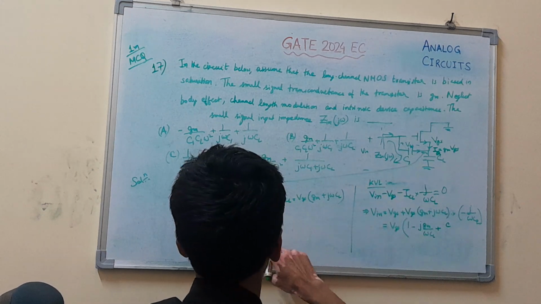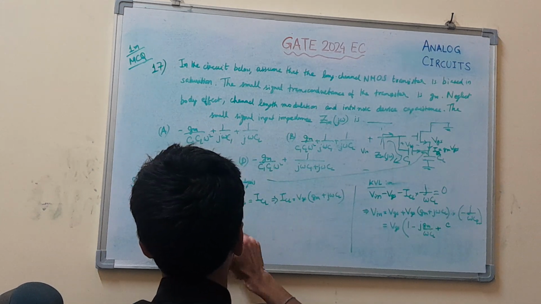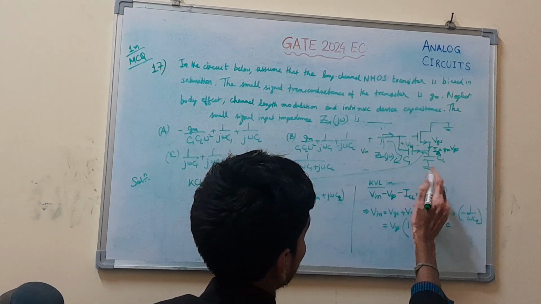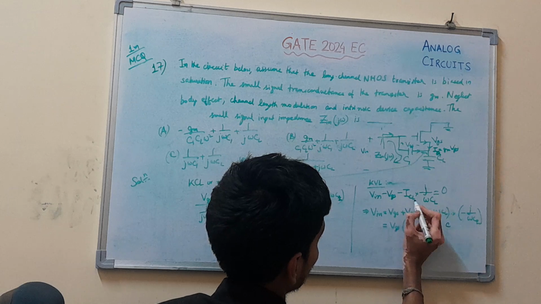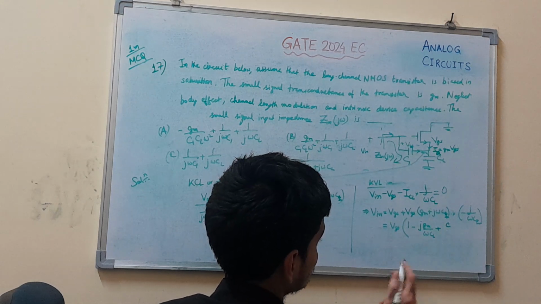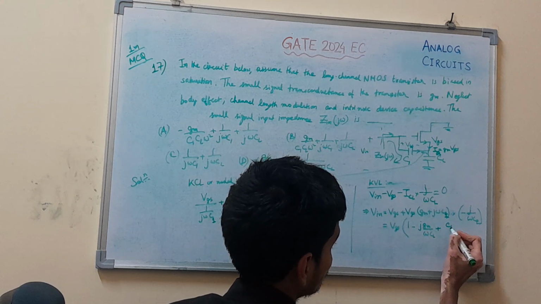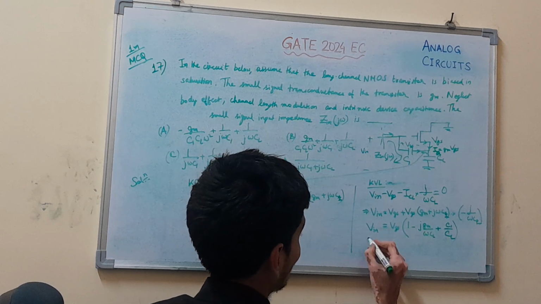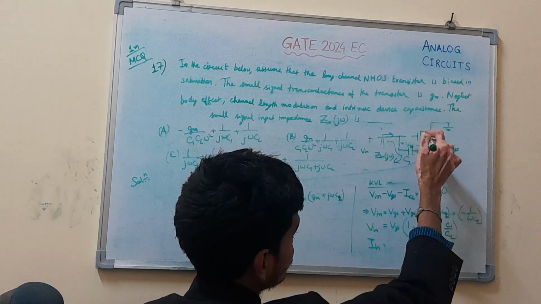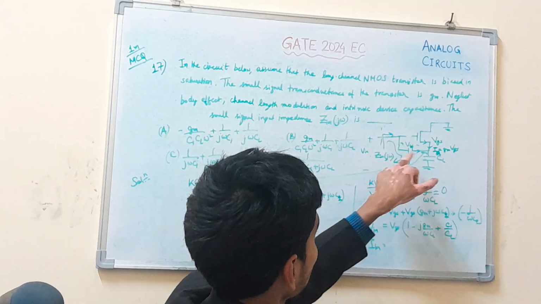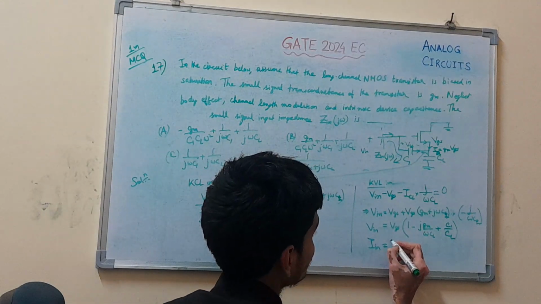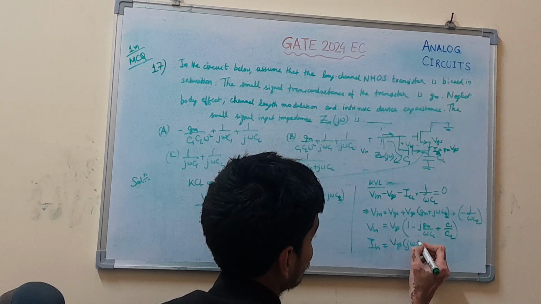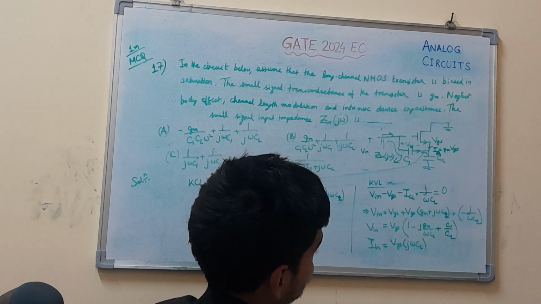This is C1, yes, this is C1. So it will be C1 by CL. And I in is what? No current flows into the gate of the MOSFET, so all current flows through here. So it will be VGS times j omega CL.